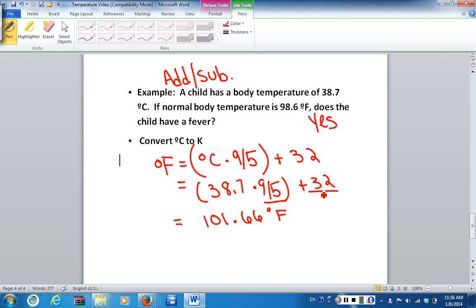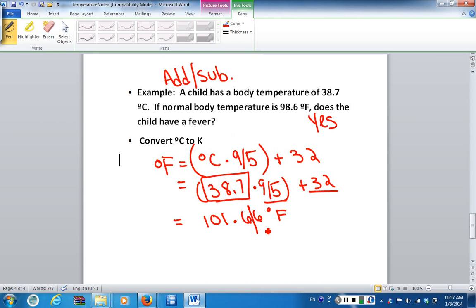So we do not consider them when accounting for significant digits. The only measured number that we have and that we used in this formula was 38.7. So if we look at this, we see that this has one digit past the decimal place. So that means that our final answer can only have one digit past the decimal place.